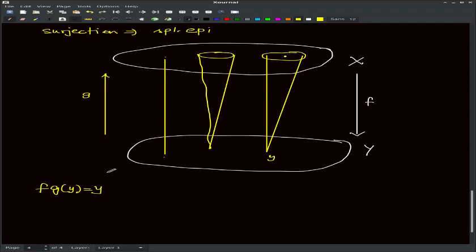So if you look into these sets f inverse y, this is a family of non-empty sets. And the exact problem is to choose one element from each one of these non-empty sets.